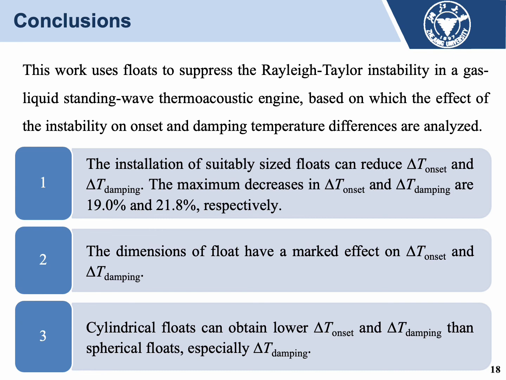Secondly, the dimensions of floats have a marked effect on onset and damping temperature difference, and there exists an optimal dimension for cylindrical and spherical floats to obtain the lowest onset and damping temperature difference. Thirdly, cylindrical floats can obtain lower onset and damping temperature difference than spherical floats, especially the damping temperature difference.